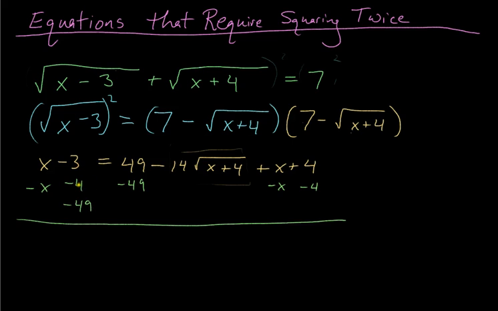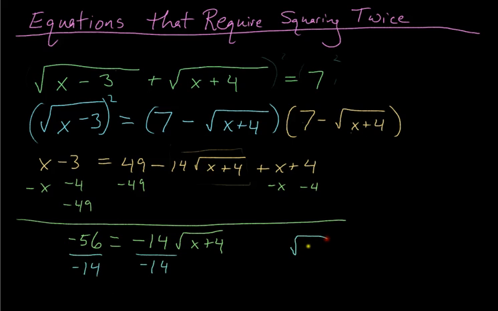Here we've got negative 3, negative 4 is negative 7, plus negative 49 is negative 56, is negative 14 root x plus 4. And we happen to have negative 14 goes into negative 56, so let's go ahead and do that too. So we've got root x plus 4 is just 56 divided by 14, which is 4.